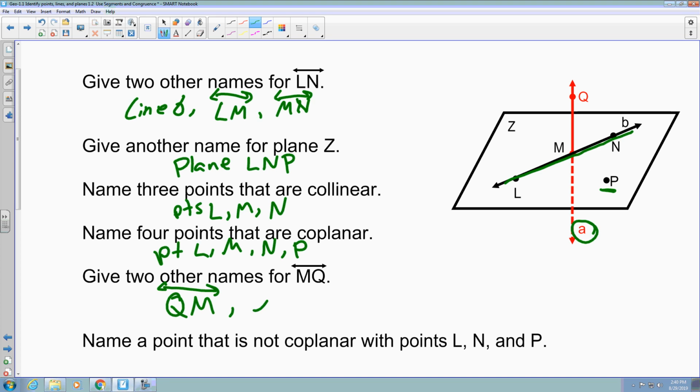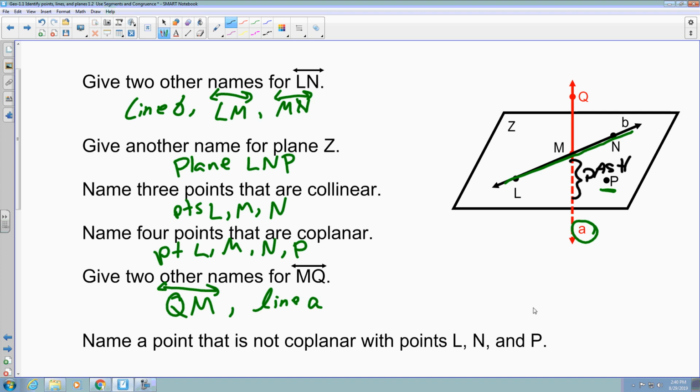And we could say that it is line A. Another hint, anytime you're dealing with dashed lines right here, that is supposed to represent geometry hidden lines.